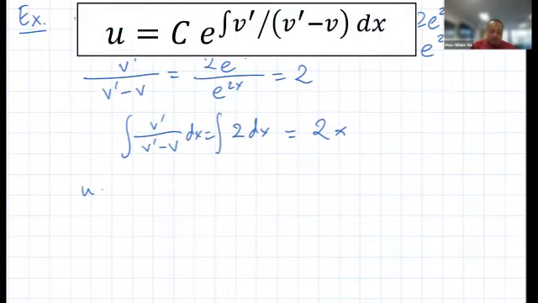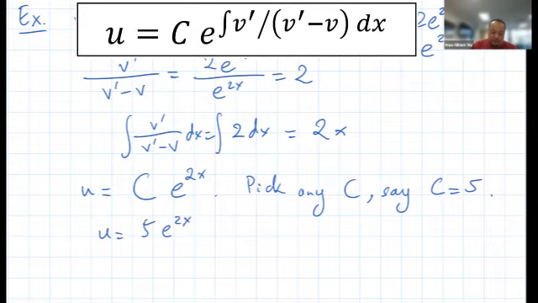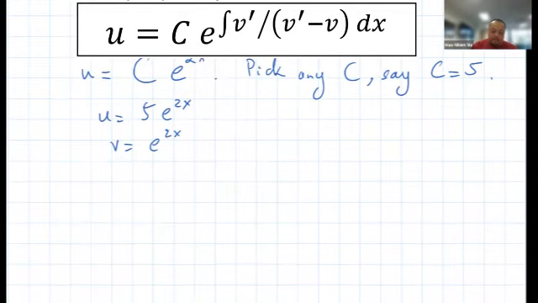So u is equal to c e to the 2x. And we can pick any c. So let's say 5. Then I have u is equal to 5e to the 2x and v is equal to e to the 2x. Let's check.